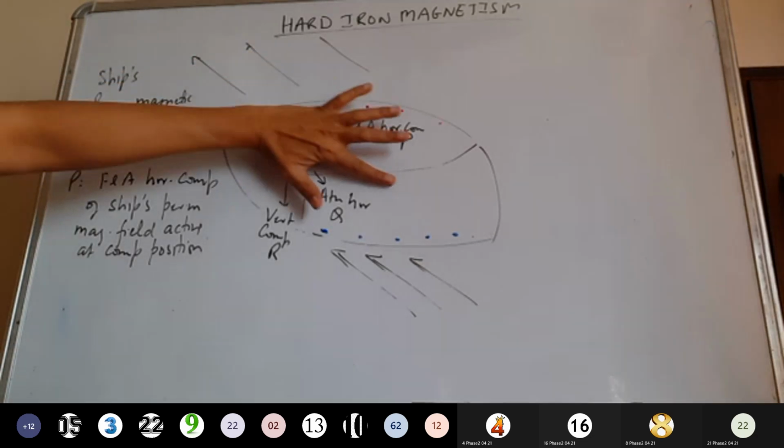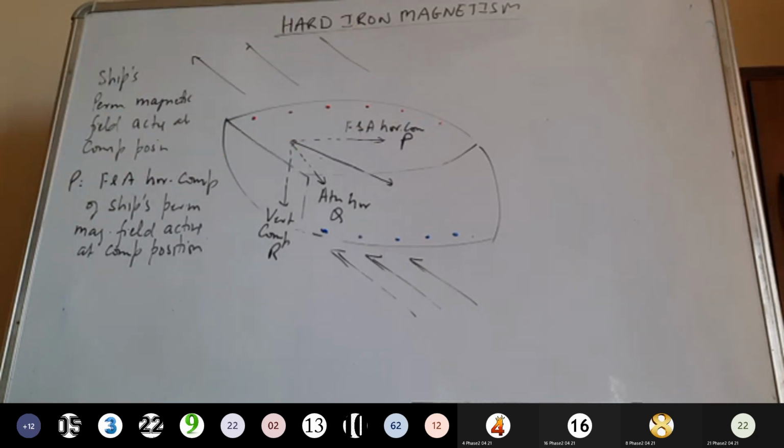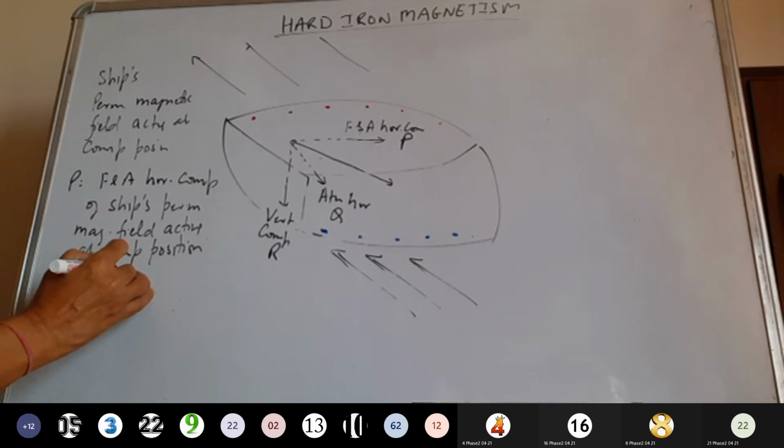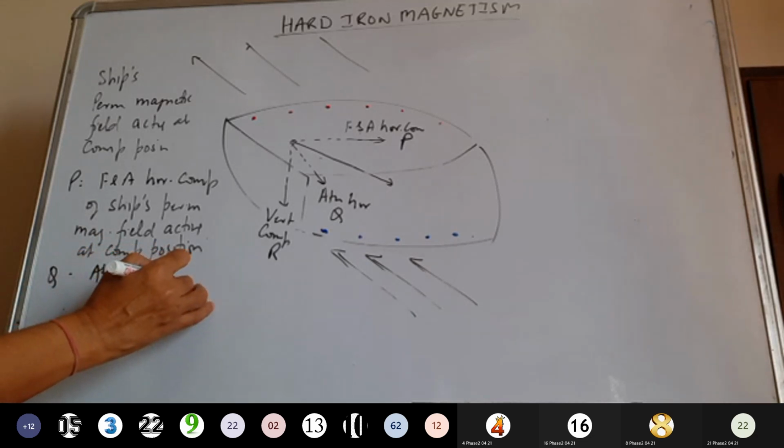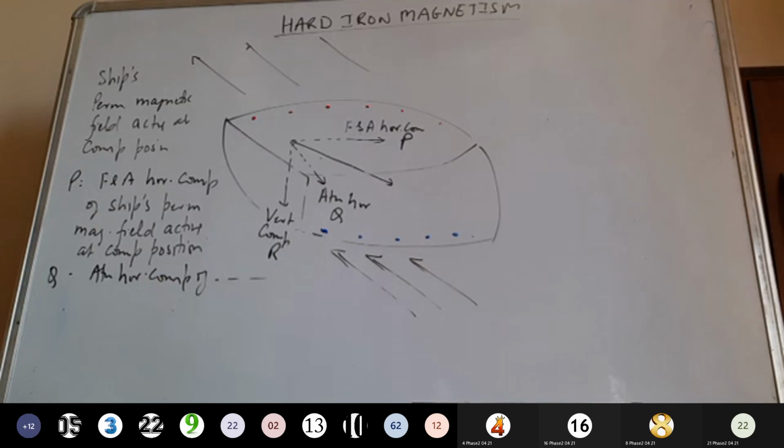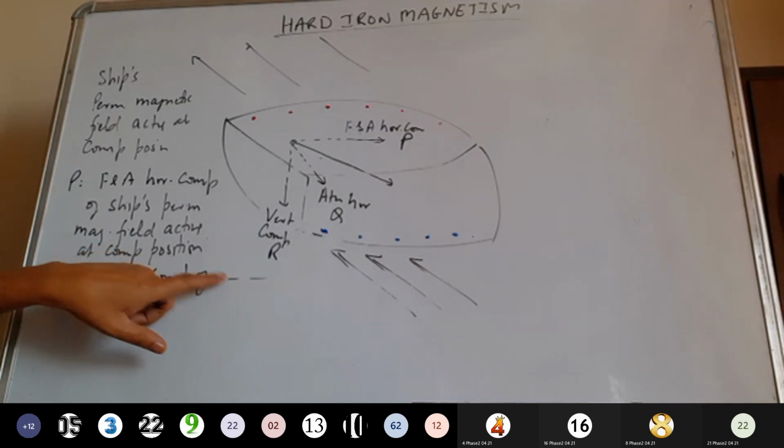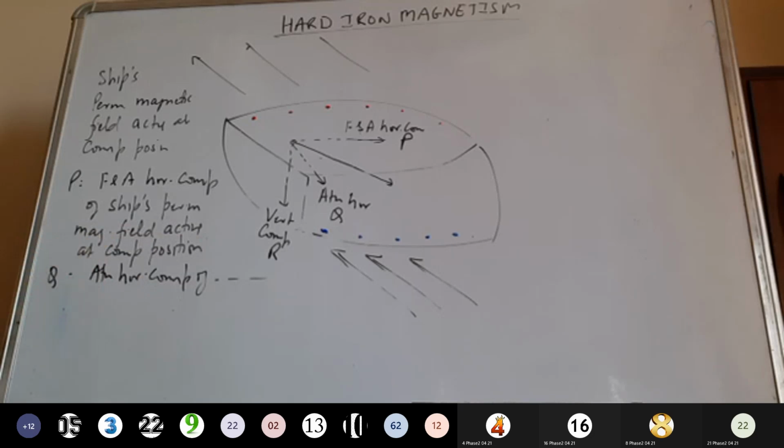So this was the permanent magnetic field acting at the compass position; its fore and aft horizontal component is force P. What is force Q? Q is the athwartship horizontal component of ship's permanent magnetic field acting at the compass position. And what is force R? R is the vertical component of the same ship's permanent magnetic field acting at the compass position. So P, Q, and R are the components of the ship's permanent magnetic field acting at the compass position.